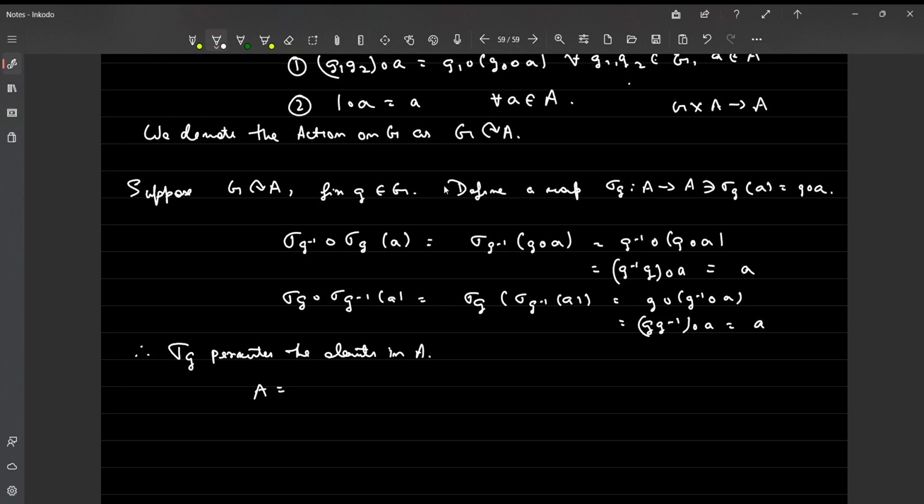If I consider an example, let's say A is 1, 2, 3, and 4.